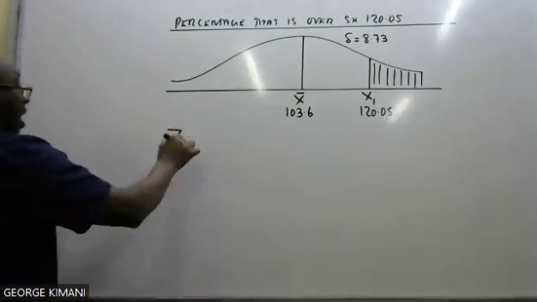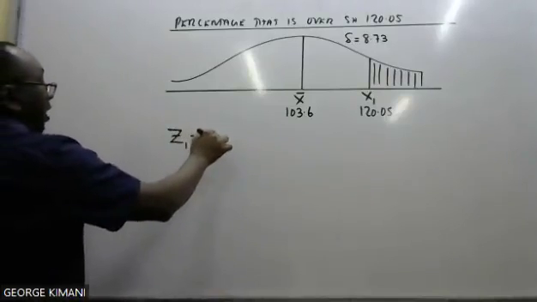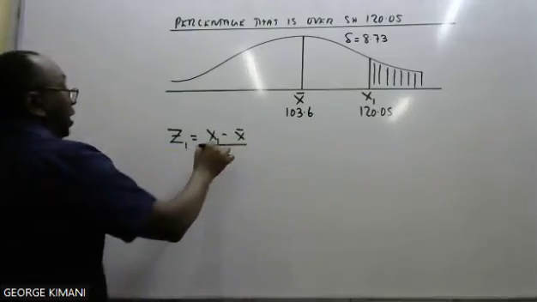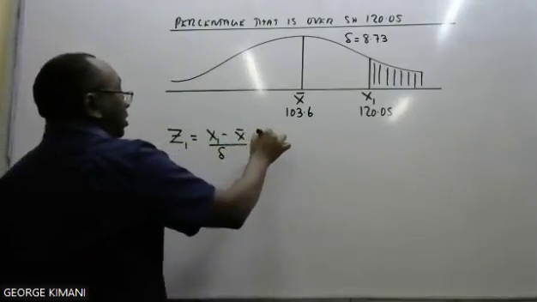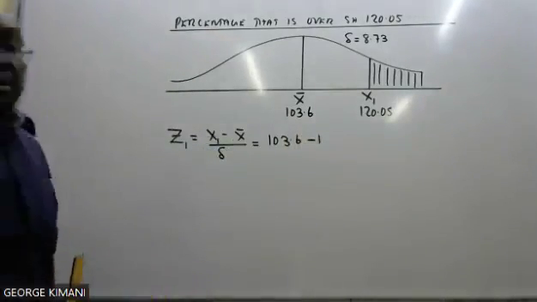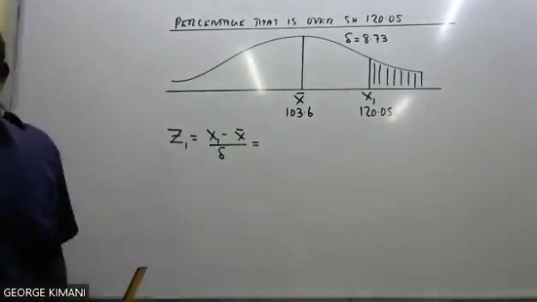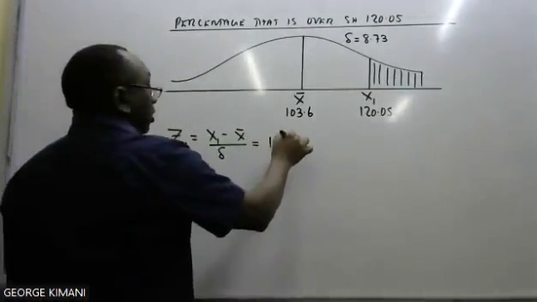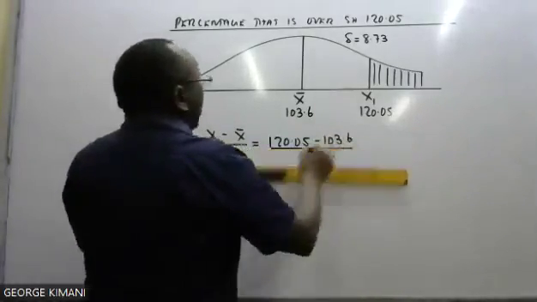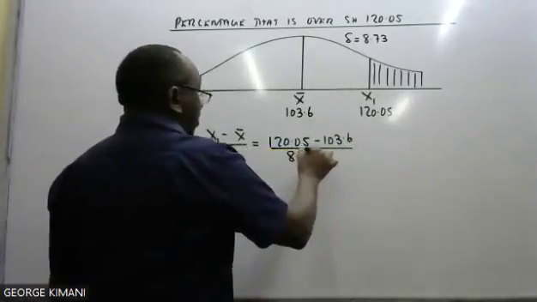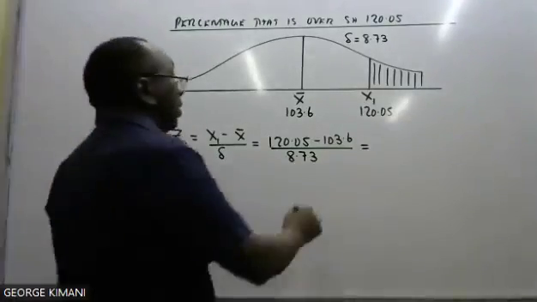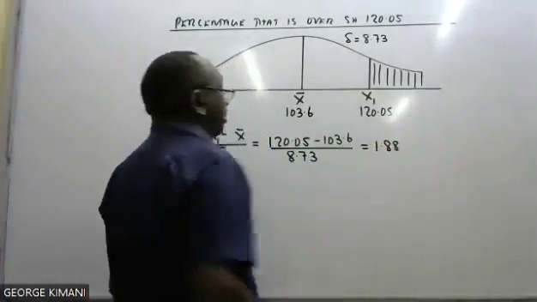So my Z1 will be x1 minus x bar. You divide by standard deviation. So this is 120.05 minus 103.6. You divide by 8.73. 1.88.